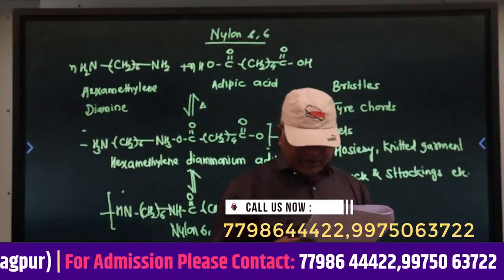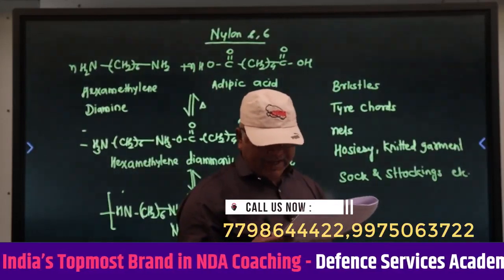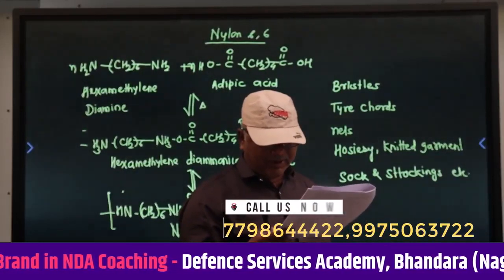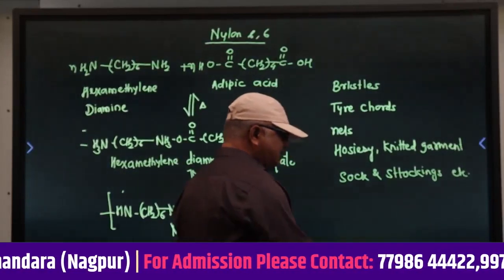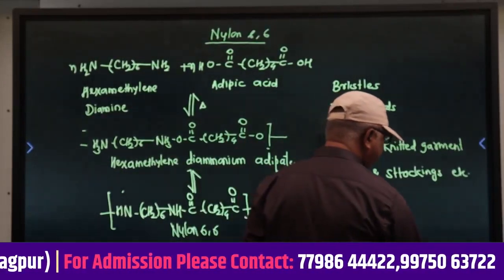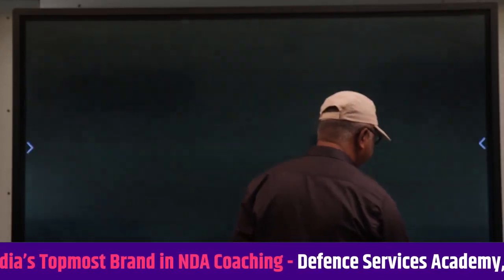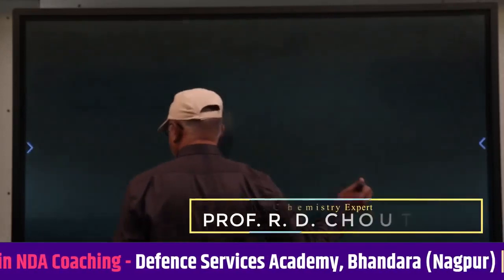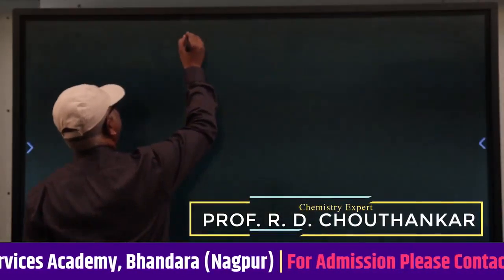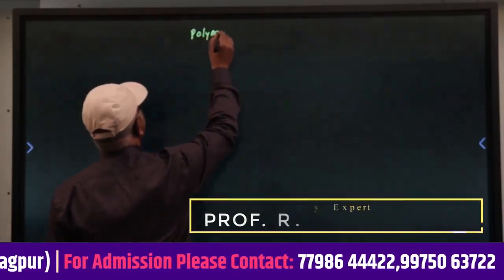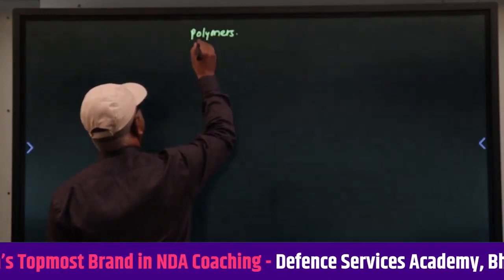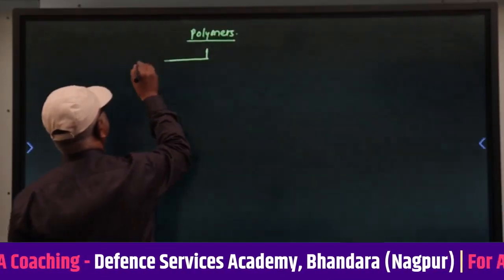Now cadets, the next question is: explain the classification of polymers on the basis of their origin. On the basis of origin, you know that polymers are classified into, actually, 3 types.